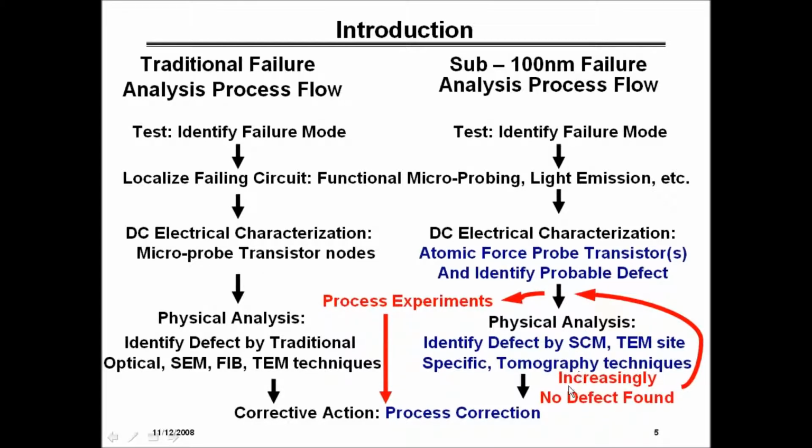And so in that case, with no defect found, instead of going directly to process correction, we have to go back and do either more electrical characterization or just use what we have to tell the fab or the manufacturing people specifically what part of the transistor is the problem, and kind of direct them in their process experiments so they have an idea of what to go look at. And then they can go to their process correction.